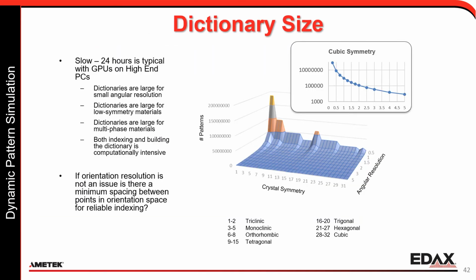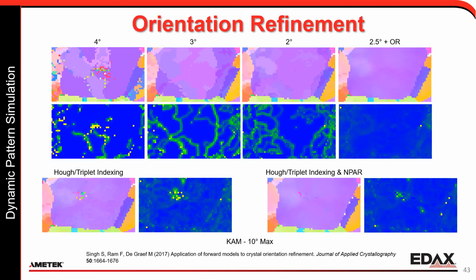As we decrease the step size, we greatly increase the number of patterns in the dictionaries, and as we decrease in crystal symmetry, we also increase the number of patterns, and this puts a load on our computational resources and capabilities. So we do some on-the-fly simulation of the patterns as we get close, and we can do orientation refinement.